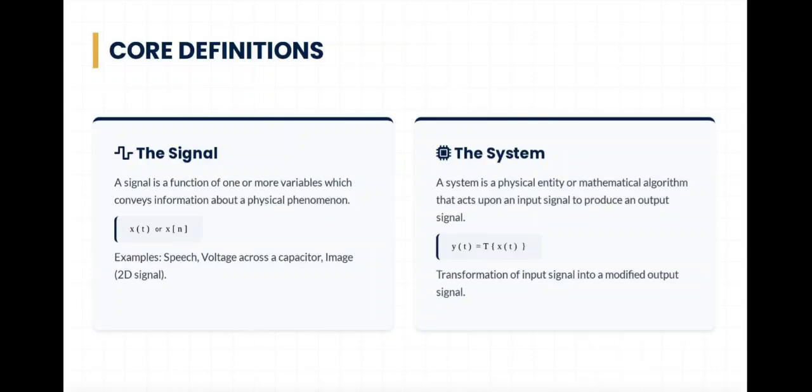The system is represented as y(t) equal to T{x(t)}, which means the system T transforms the input signal x(t) into an output signal y(t). So, the important relationship here is that a signal goes into a system, the system processes it and a new signal comes out. The output signal is basically a modified version of the input signal, depending on what the system does.